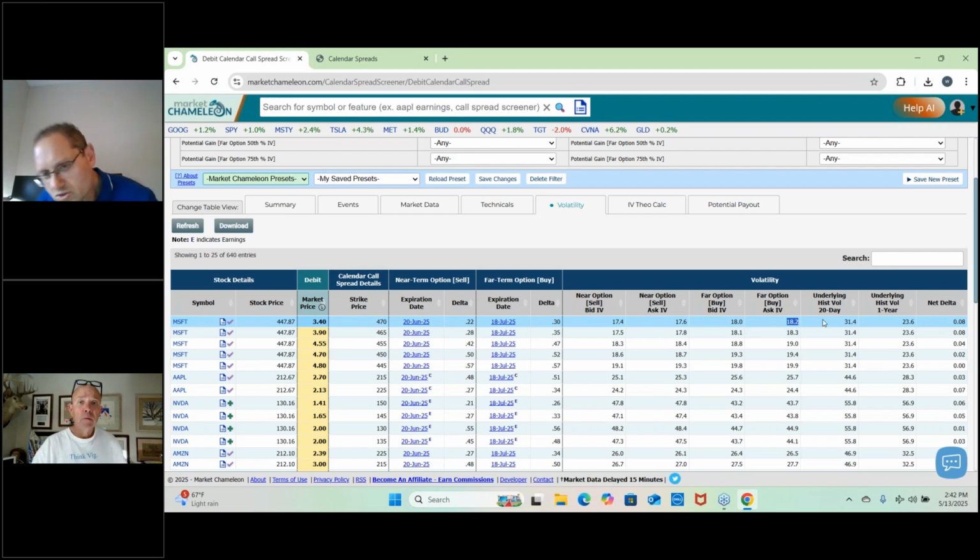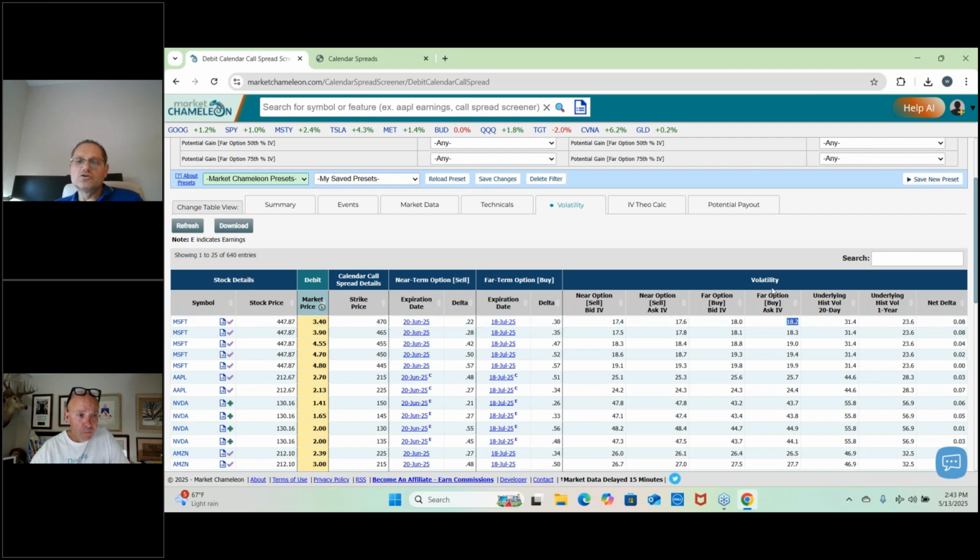So you can see that now you have this term structure where what you want to happen is for the slope to steepen. You want the slope to move higher as you go out further in time, because your far out option, your July option, goes out further in time, so you want that slope to increase.